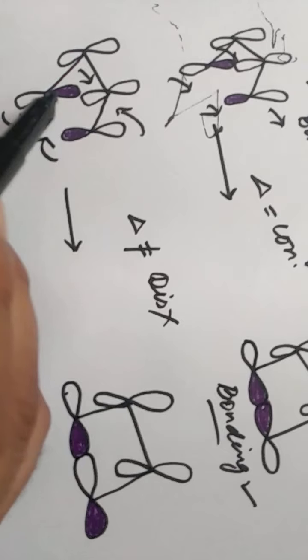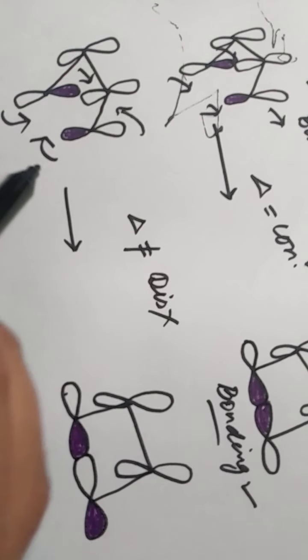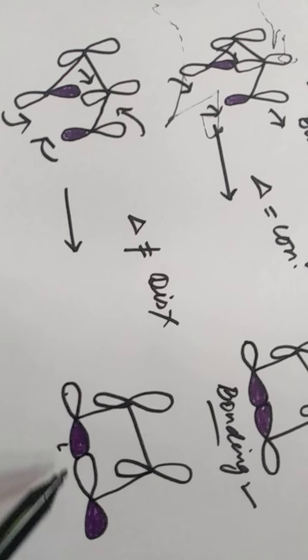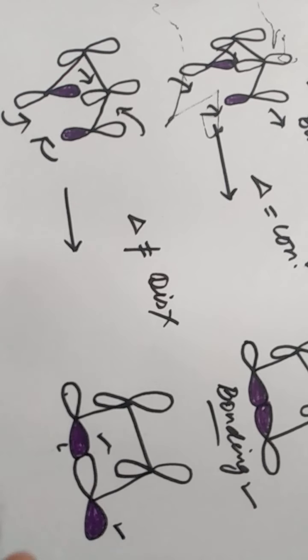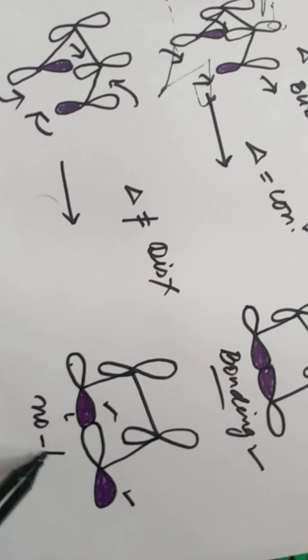If these two bonds rotate like this, we have this type of interaction. In this case, the two same lobes are not facing each other, so there is no bonding.